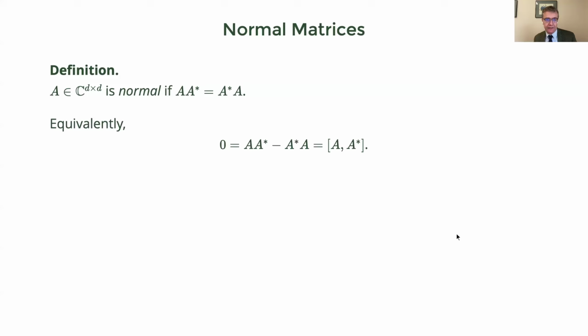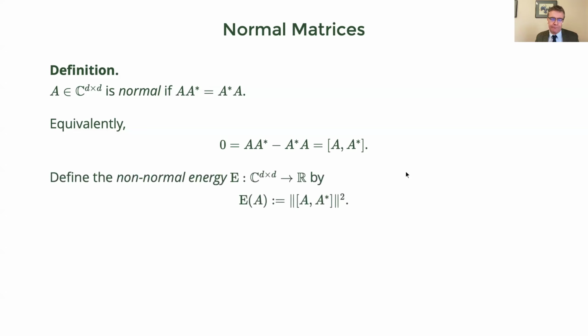That's saying that if I take the bracket of A with its conjugate transpose, I get 0. So this bracket notation just means A A star minus A star A. Okay, so these are the matrices which commute with their adjoints. So I can think of them as the things where this bracket of A with A star is equal to 0.